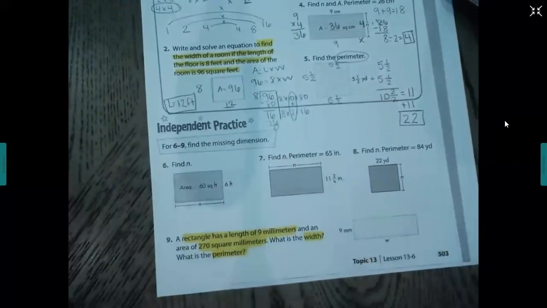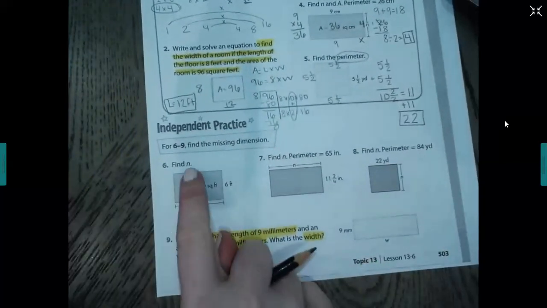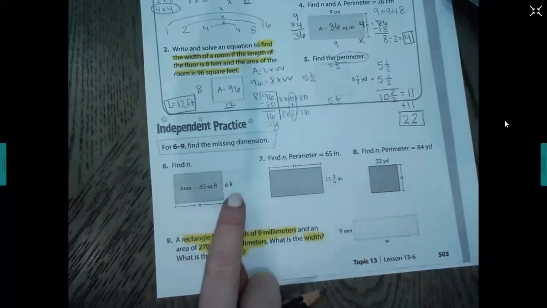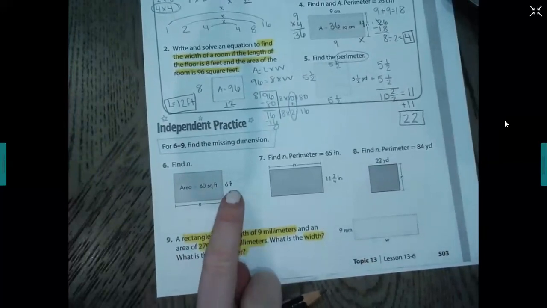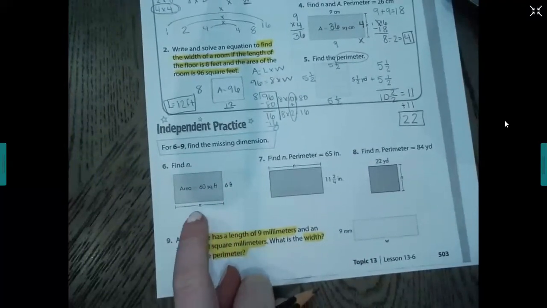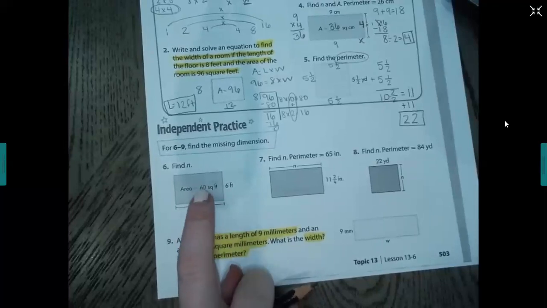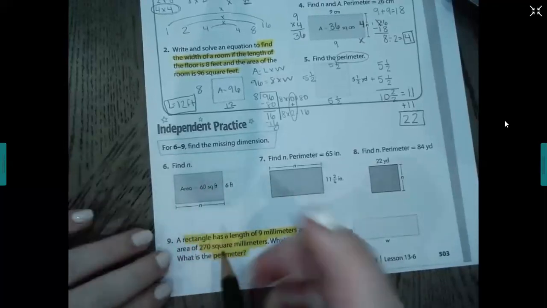Moving on down to number 6, it's telling me to find N. It gives me a side width of 6 and a length of unknown, but it does give me my area.